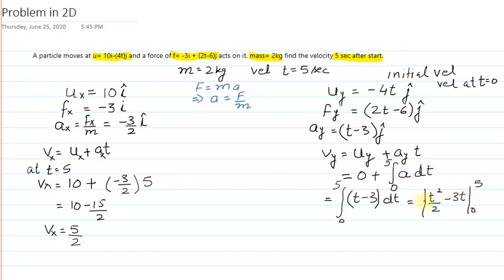We do upper limit minus lower limit. The lower limit is 0, which will surely vanish. When you put the upper limit, you substitute 5 in place of t, which gives 25/2, and then -15, so 25/2 minus 30/2.